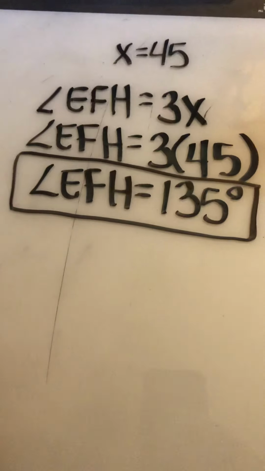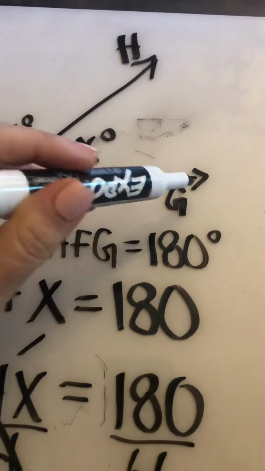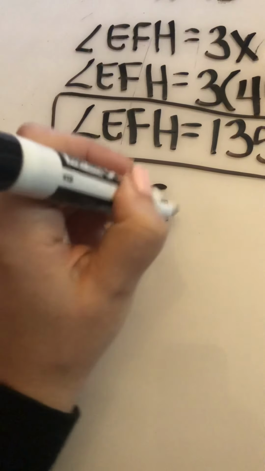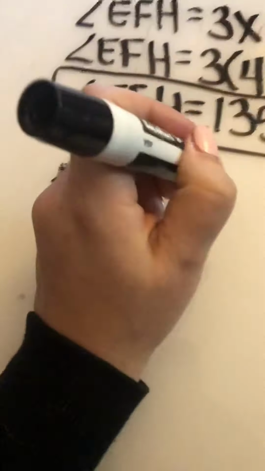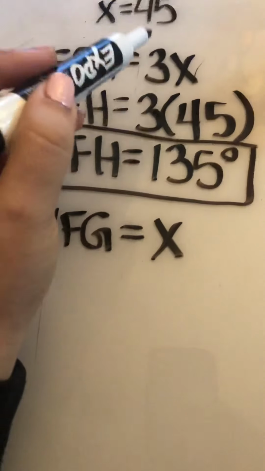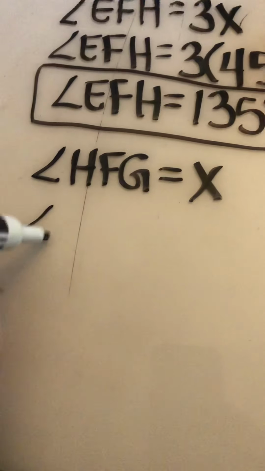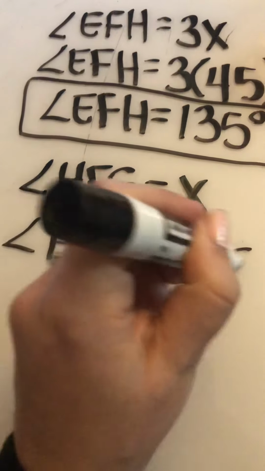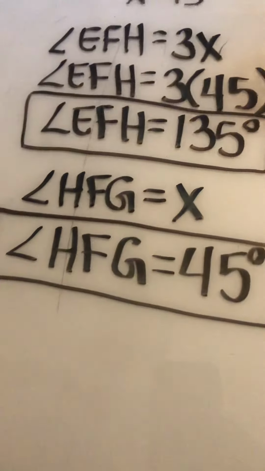And then the other angle in the picture was angle HFG. So angle HFG equals, inside of it was x. So since we already know what x is, I'm just going to replace x with 45. So angle HFG equals 45 degrees. We don't have to do any more work because that angle equals x.